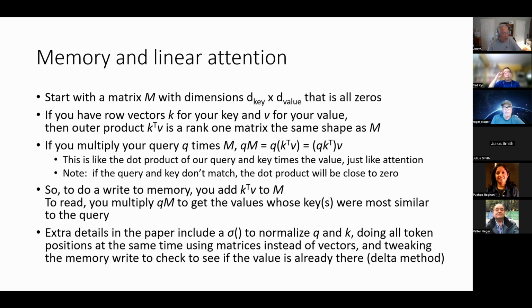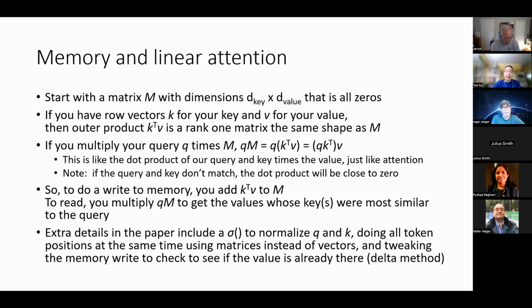As a slight modification to the algorithm, you don't just do the outer product of K and V. They check how strongly this key matches in the first place, and then use something like 1 minus that as the weighting for what they add. So if it comes back with a 0.98 match on this key, they still add something, but downweight it, multiplying by 0.02, to say I'm only going to add a little bit because I've already put this one in.